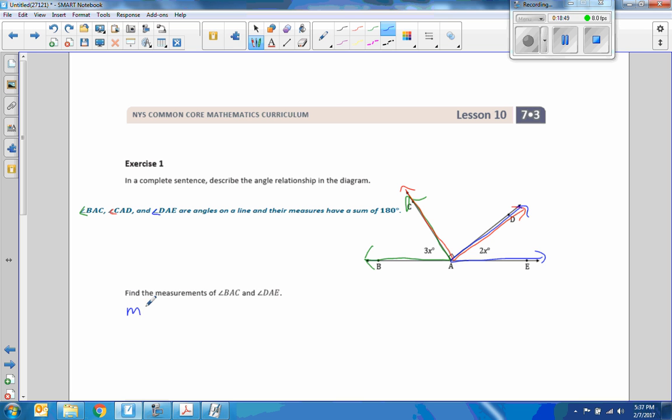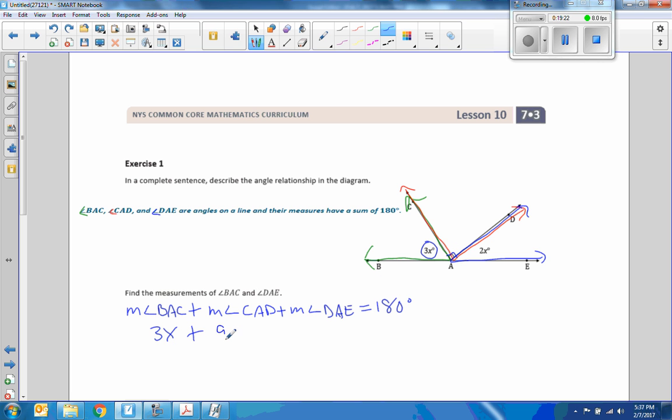So now it says find the measure of angle BAC and angle DAE. I would say the measure of angle BAC plus the measure of angle CAD plus the measure of angle DAE equals 180 degrees. The measure of angle BAC is 3x. 3x plus, now right here you see that little square there.